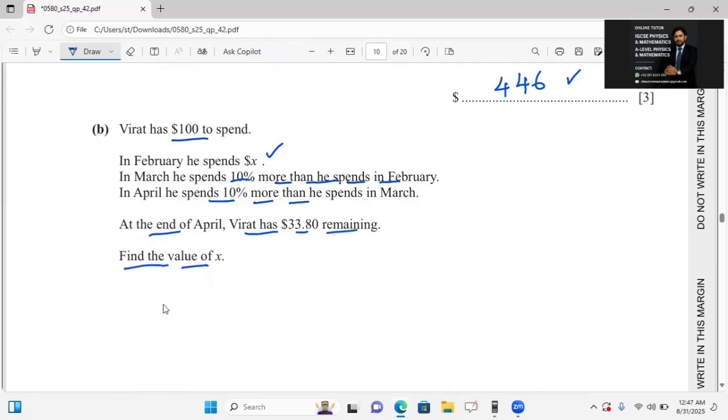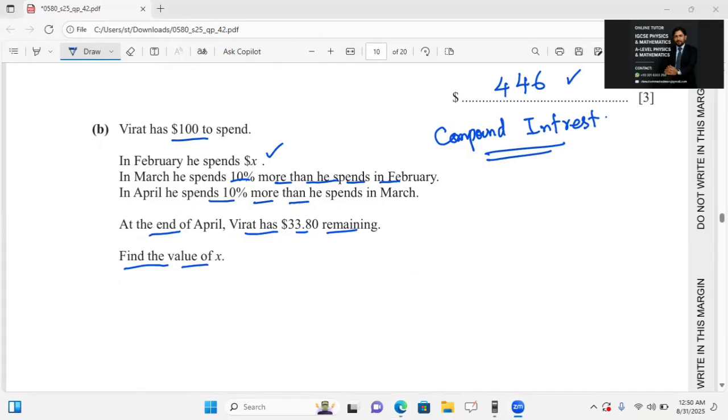Find the value of X. It means it is just like compound interest, and this compound interest should be taken in the complete way, where we can say here.